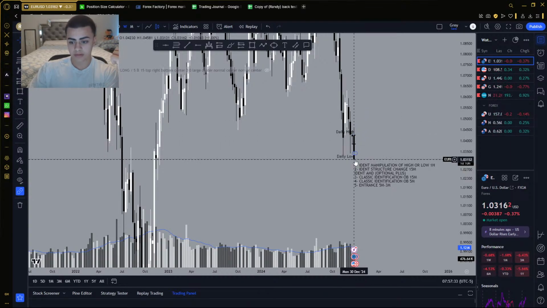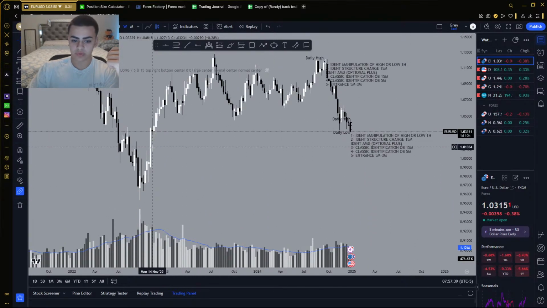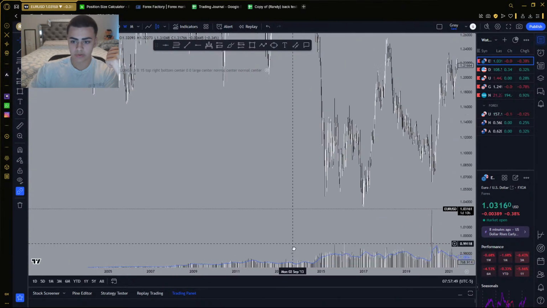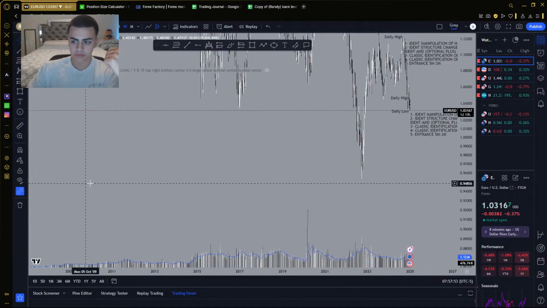Not only that, it went past the body of the candle already. So most likely it'll have to fill in all of this area. The market has to, that's what it does. It has to fill in all of this area to eventually come down here. And if there's more liquidity down here, which there is right here, it'll fill all of this up also.